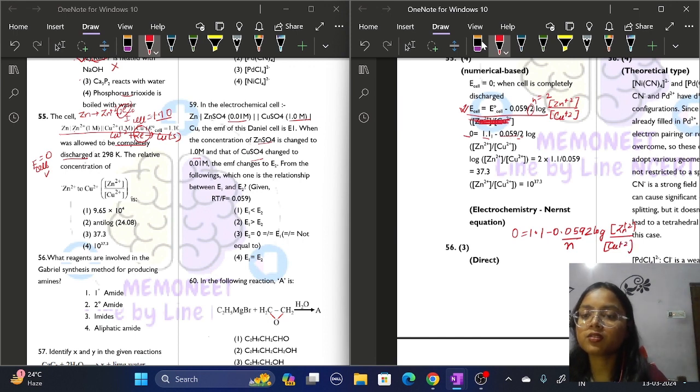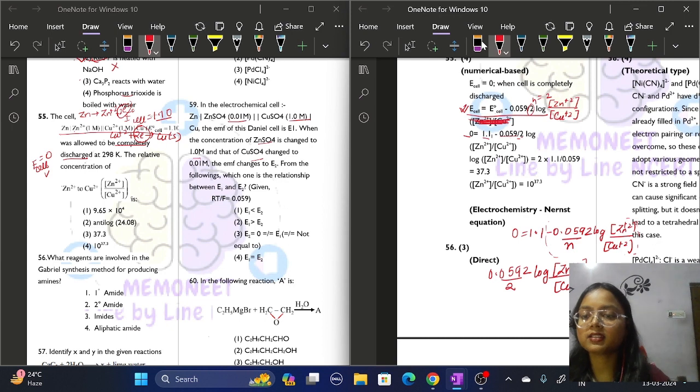Okay, so this whole negative part will come towards the left side, which means that 0.0592 by n, where n is 2, times log of Zn plus 2 by Cu plus 2 equals 1.1.